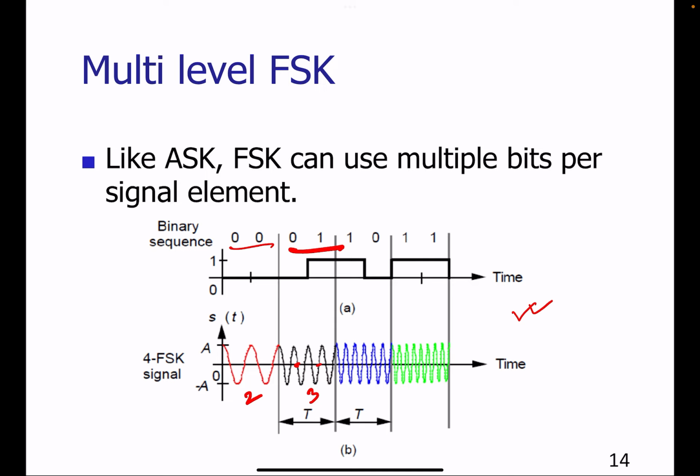For 10, the frequency will be, most probably, 4. For 11, the frequency will be 5 or something. So the basic idea is almost the same. We will change the frequency for different bit patterns, and as we have used 4 different patterns, we can send 2 bits at a time for each signal element.